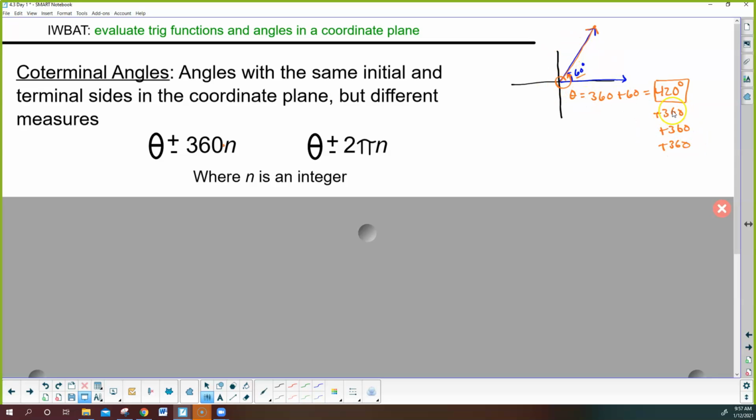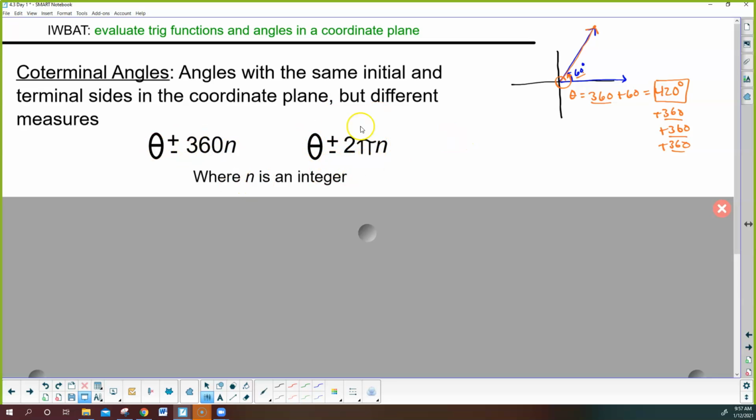Instead of adding 360 a whole bunch of times, if I go around the circle 4 times, n would be 4. So I would take my original 60 degrees plus 360 times 4, and that would give me the ending measurement that would be coterminal with the original 60 degrees. So we'll share how that looks.